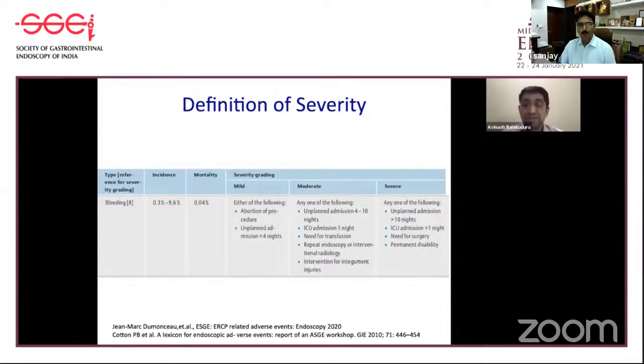Moderate will be somewhere in between, that is 4 to 10 nights with an ICU admission. But whenever a repeat endoscopy is needed for a rebleed, or an interventional radiology procedure is needed, or there is some intervention that is needed for integument injuries, that is something has happened and we need to do something, that will be considered as moderate in severity.